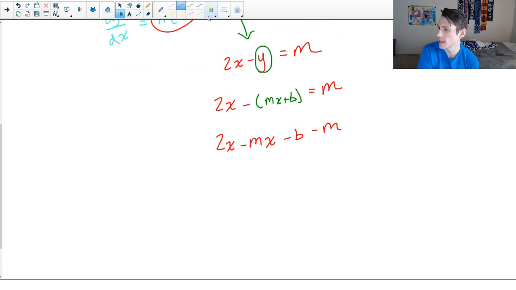Both these terms have an x in them, so I factor out that x and get 2 minus m, times x. On the right side I have equals 0. For minus b minus m, both have a negative, so I could factor that out, or I could leave it as plus minus b minus m. Either way.